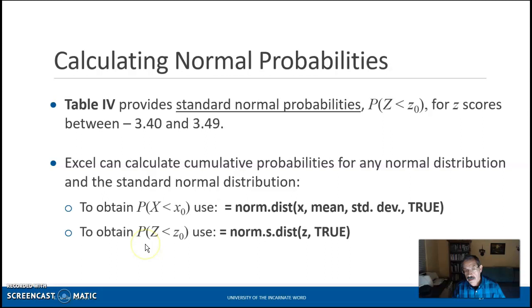If you would like to get a probability for a standard normal value, or a z value, then you use equal norm.s.dist. And here you put the z value, this z sub 0, and then true to get the cumulative probability. So again, I'll let you do that on your own if you like.